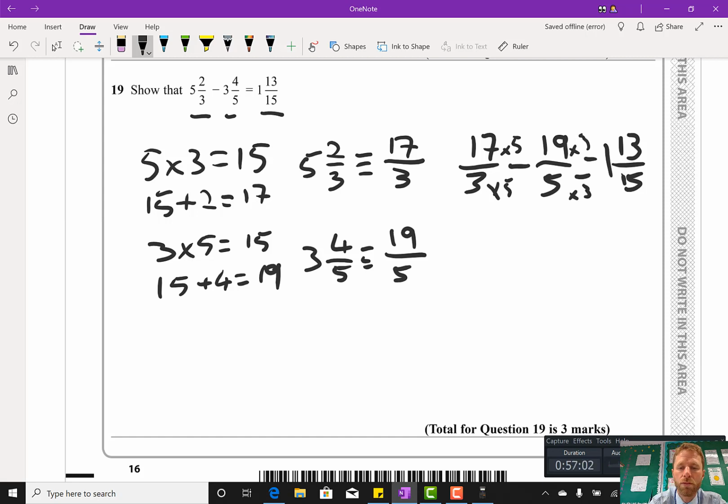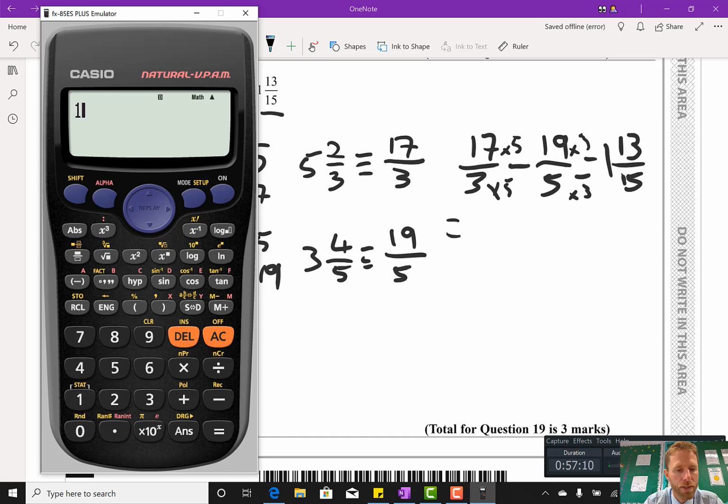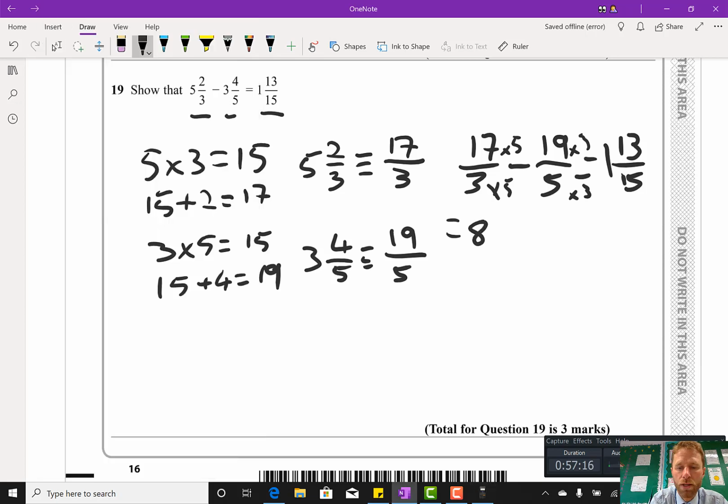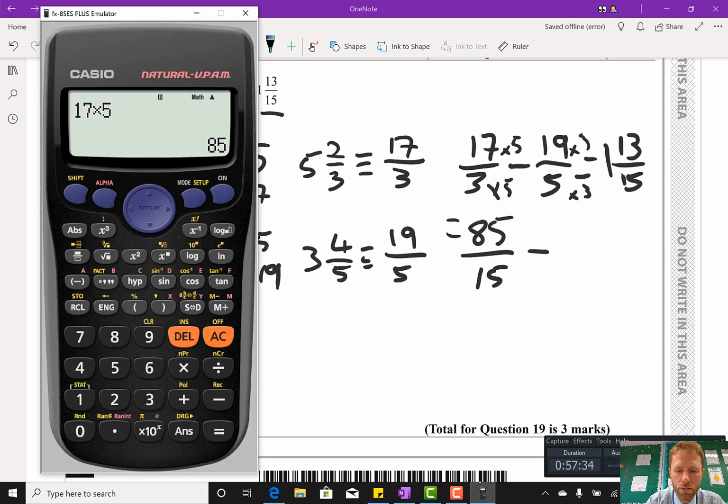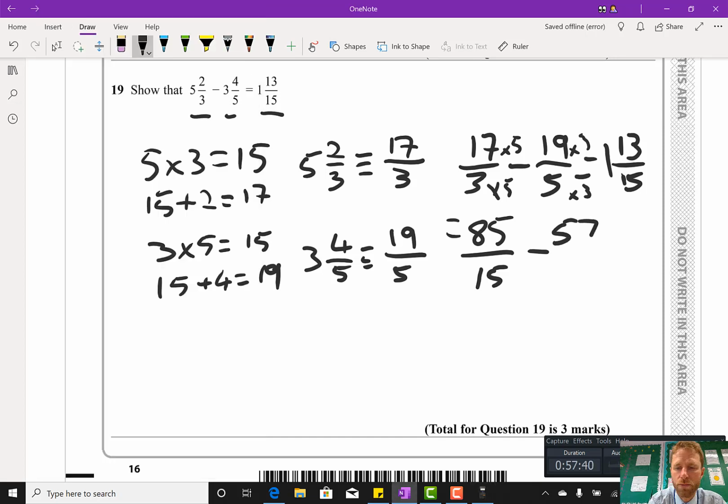So we will then have, yes, I am doing 17 multiplied by 5 on a calculator, 85/15 minus 19, got that wrong, 19 lots of 3, 57/15.